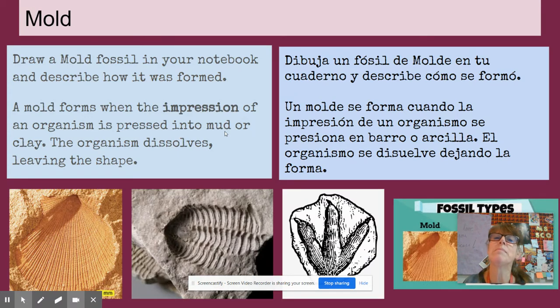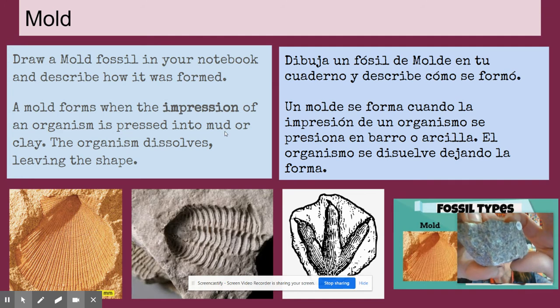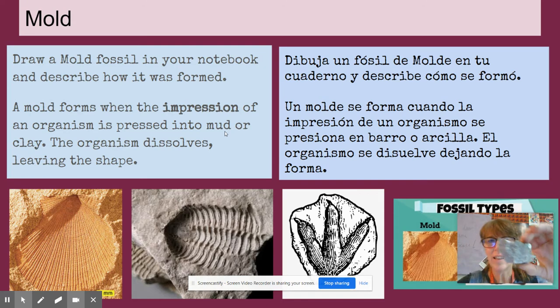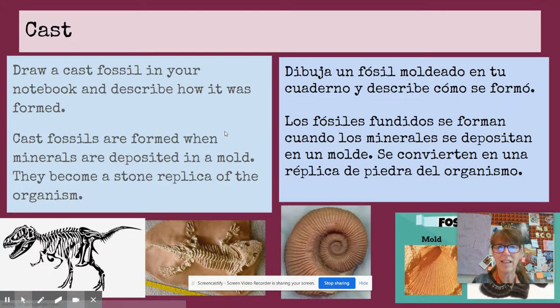So say it with me, mold. So here is an example of a mold. I don't know how well you can see the little shells in this mold. Say this one with me, cast.